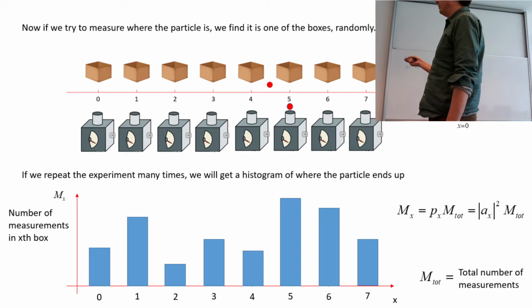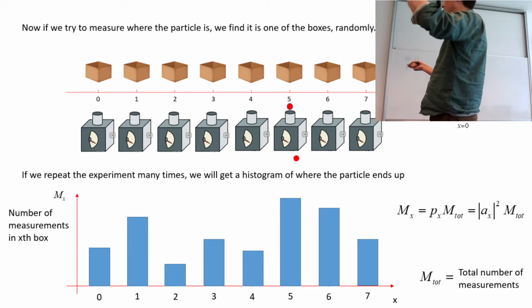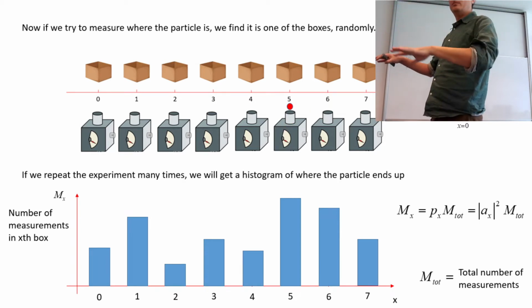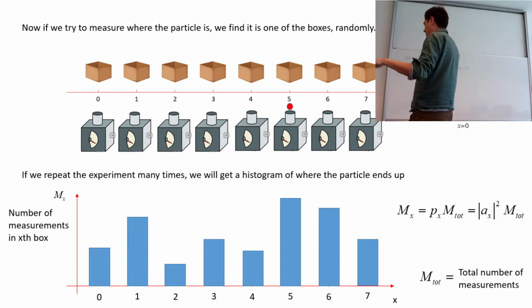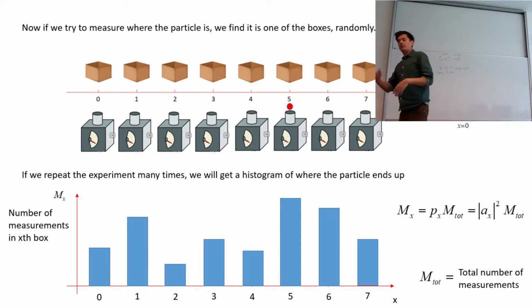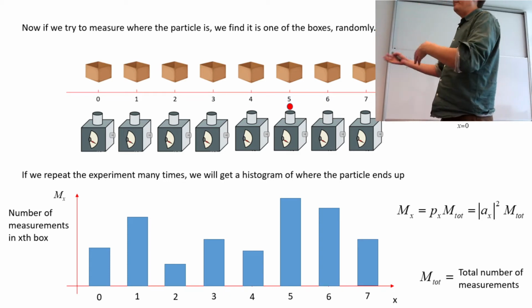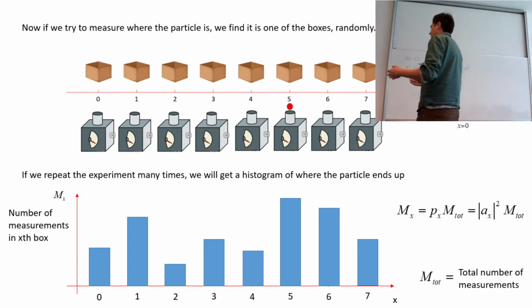For example, maybe one time this detector will detect. It would say, okay, I found it, so it's at number 5. And then all these other ones will not fire. They would not detect anything. Maybe another time it might be number 3, and then each time you do it, it's kind of random.